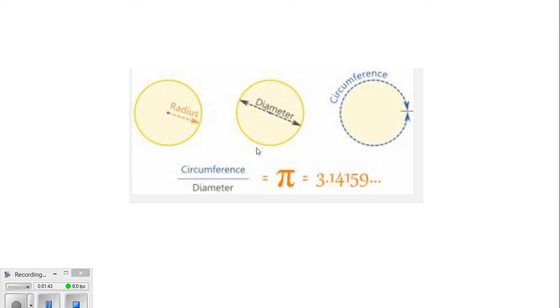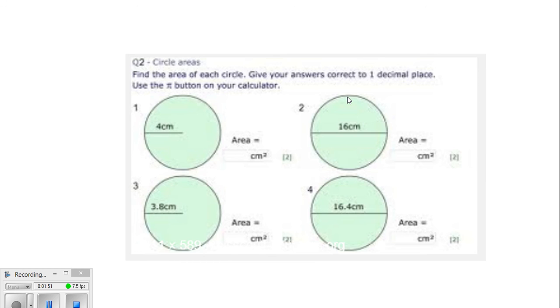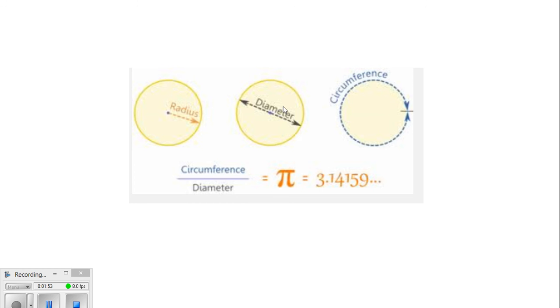So for any circle, if you take a string and wrap it around the circle, then disconnect it and measure its length, then take a string and measure the diameter of the circle, divide the circumference by the diameter, it will always give you pi.